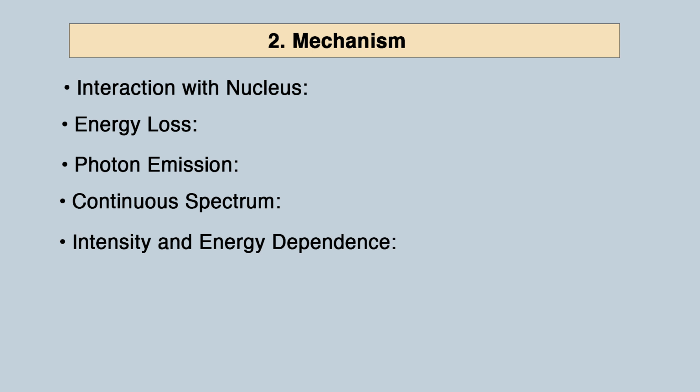Intensity and energy dependence: the intensity of Bremsstrahlung radiation increases with the atomic number of the material and the energy of the incident electrons. A higher atomic number results in a stronger electric field from the nucleus, which enhances the radiation emission.